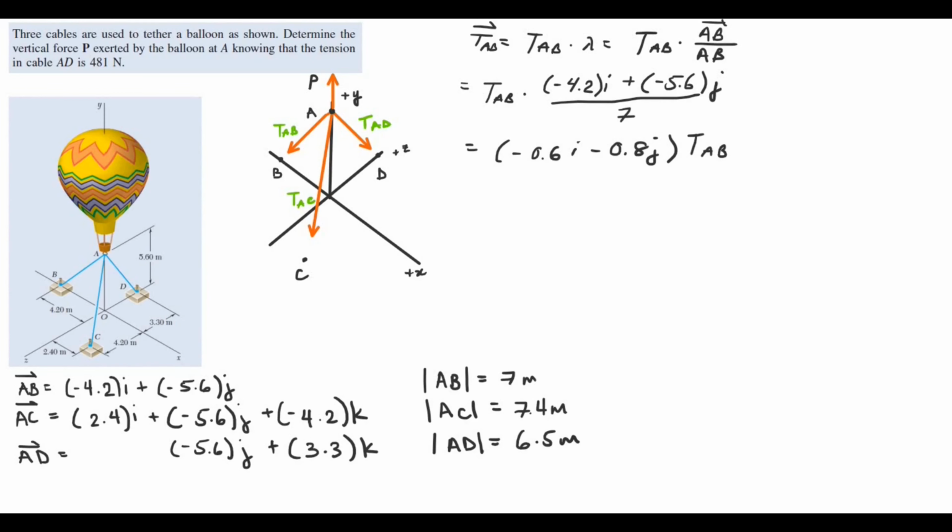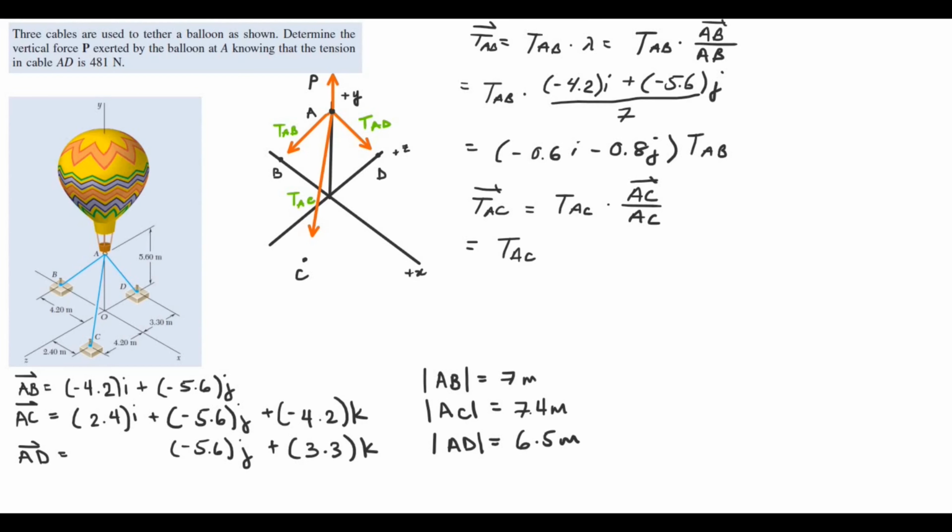And we can do the same for the other two tensions. Tension AC is equal to the magnitude of tension AC times the vector AC over the magnitude AC.